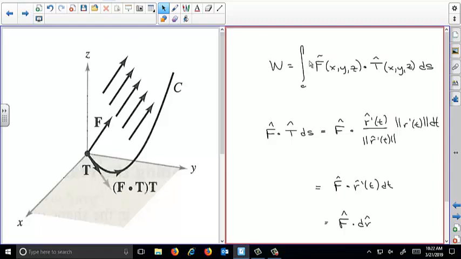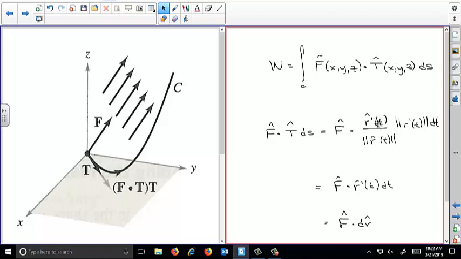So what we have is the work is the integral over this curve in space of the force vector function of x, y, and z dotted with the unit tangent vector times ds. So this is the ds vector. There are two things we're doing here.